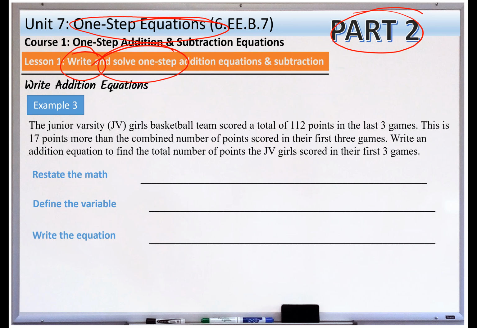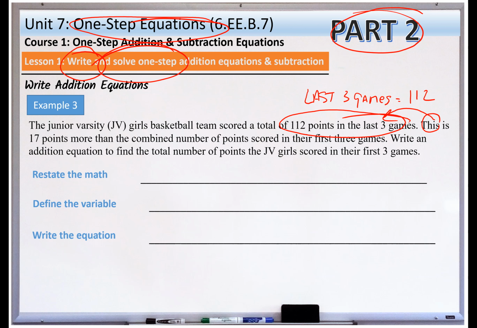All right, it's a little tricky. Let's read that again. The junior varsity girls basketball team scored a total of 112 points in the last 3 games. So last 3 games equals 112 points. When we say "this," we're referring to what? The last 3 games.